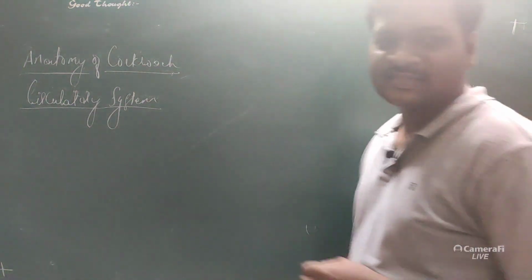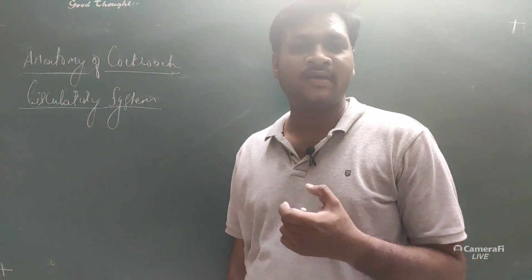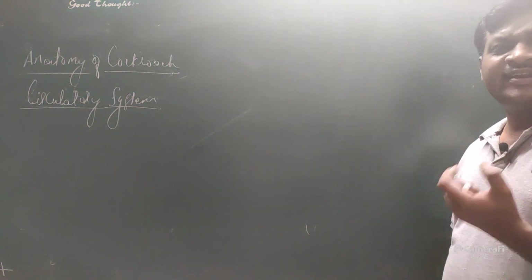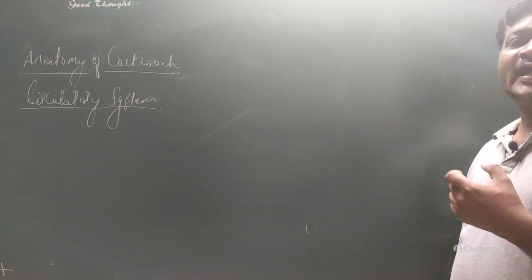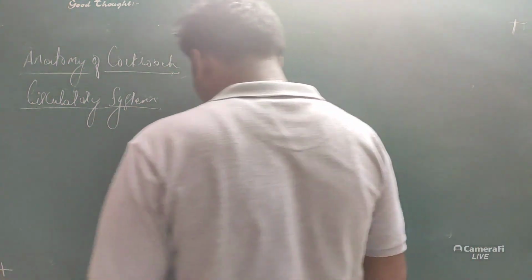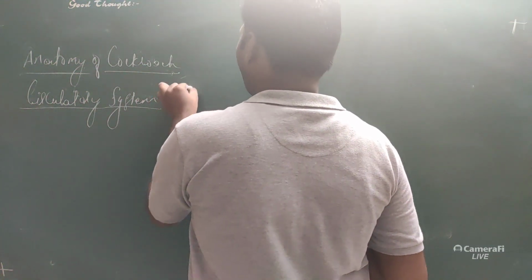The circulatory system consists of a circulating fluid, or body fluid, which circulates throughout the body and carries various minerals and nutrients, as well as helps in the transportation of gases. The circulatory system in the case of cockroach is open type.